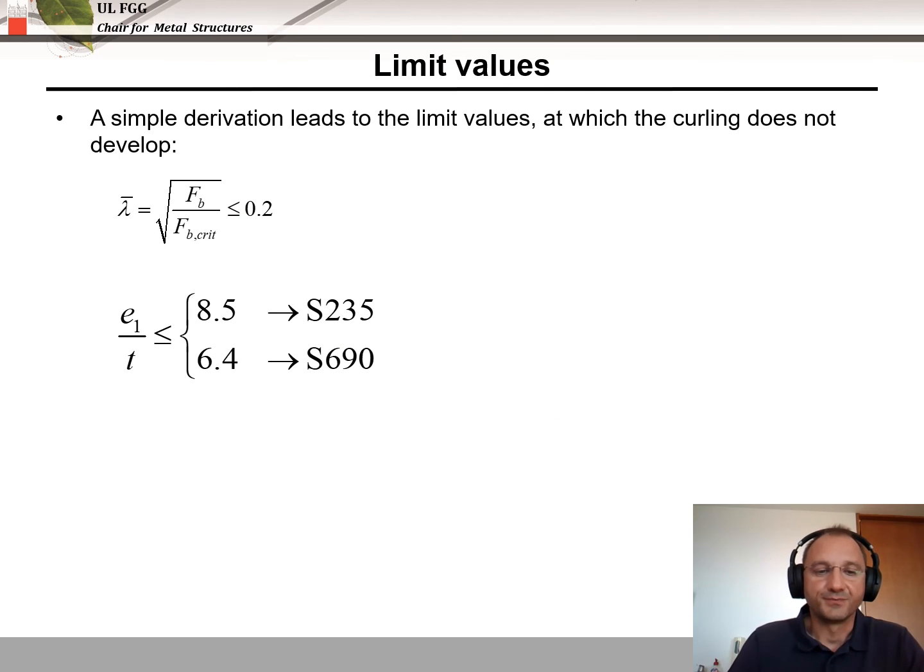Because the reduction is very steep, it is more appropriate to provide limits where the curling phenomenon does not develop. So by simple derivation, assuming that slenderness is smaller than 0.2, we arrive at a very simple limit, which says that if the ratio between end distance and thickness is smaller than 8.5 for S235 or 6.4 for S690, there is no reduction in the bearing resistance due to the curling phenomenon.